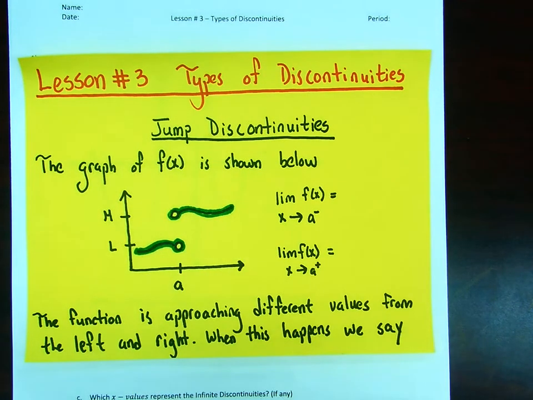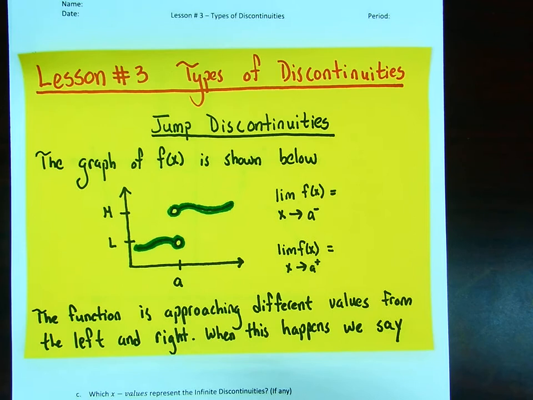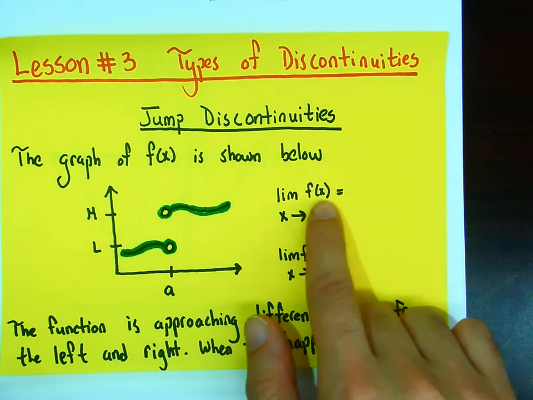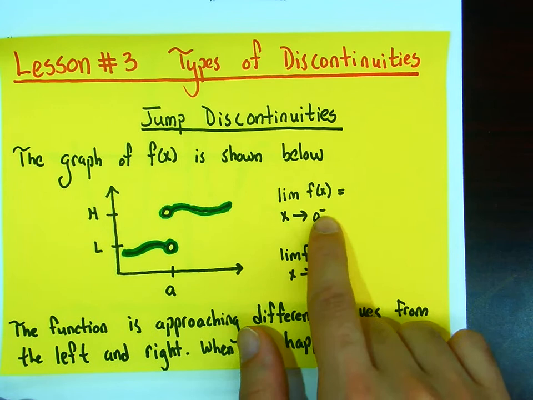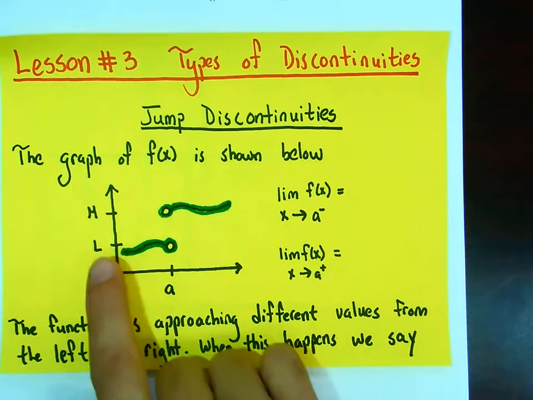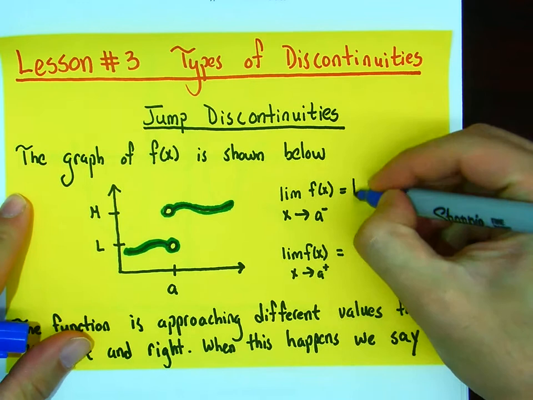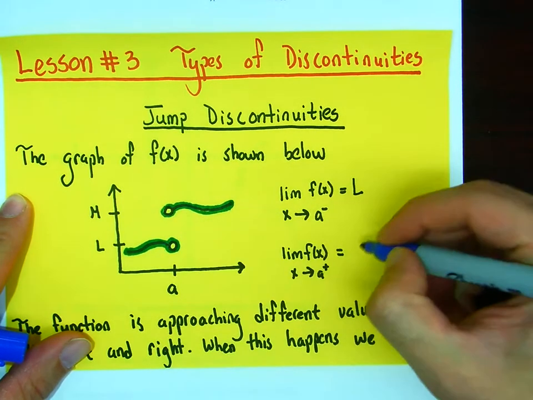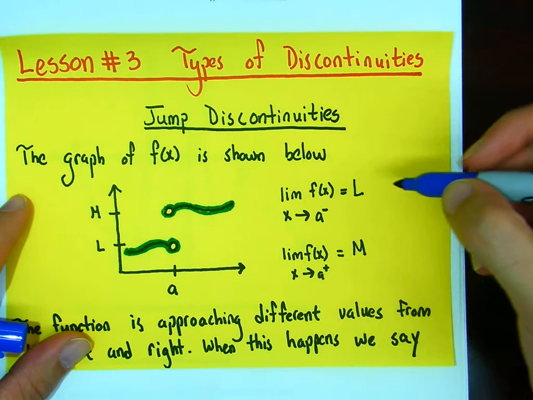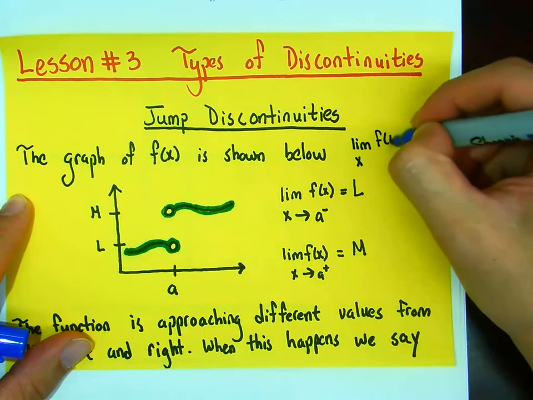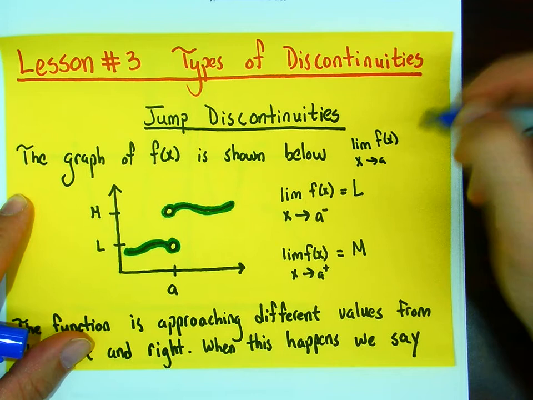So notice that for this little example, the limit of f of x as x approaches a from the left, what is the y value that it's going to? It is L. And from the right side? It's going to M. Now the question, the limit of f of x as x approaches a in general.